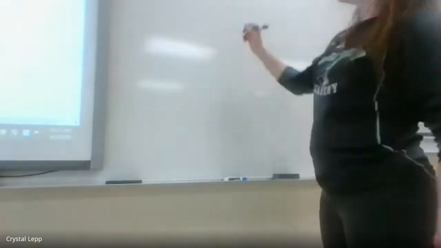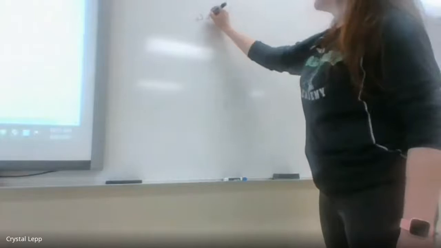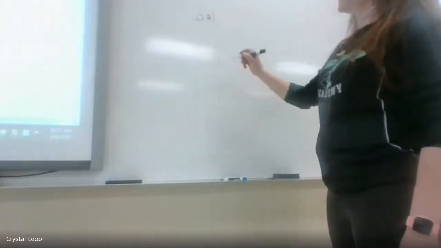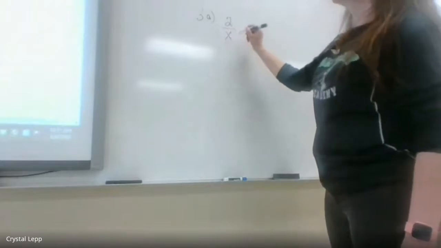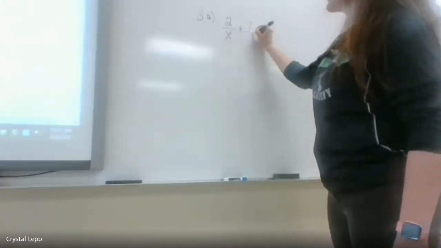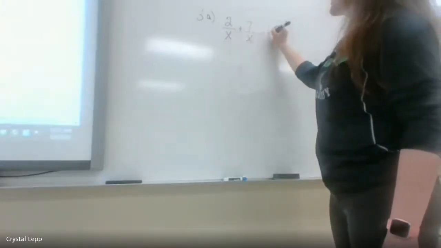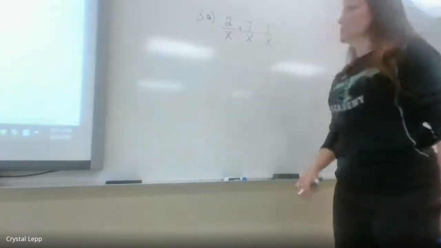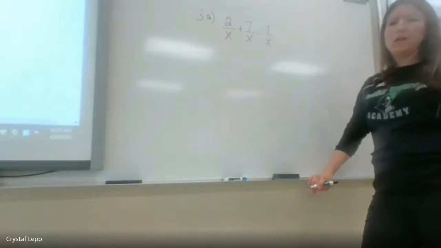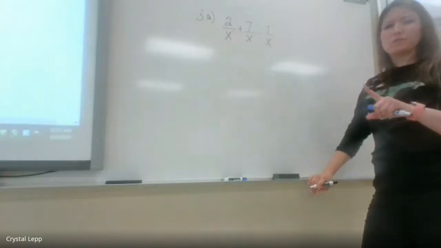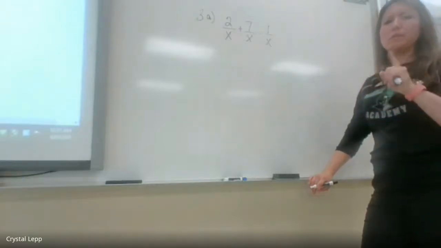Example 3a. We have 2 over x plus 7 over x minus 1 over x. So here we have 3 rationals added and subtracted together. Our first step when we add and subtract rationals is we need to have a common denominator, and we already do.